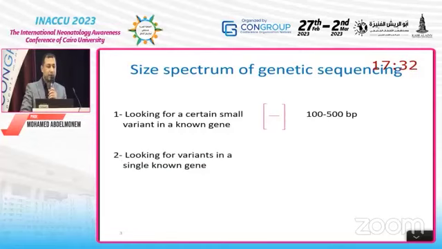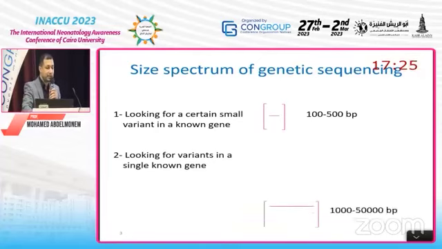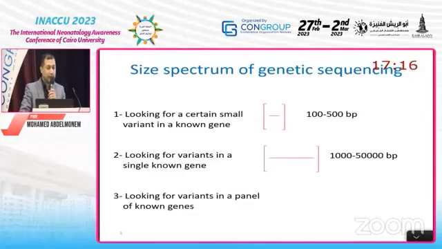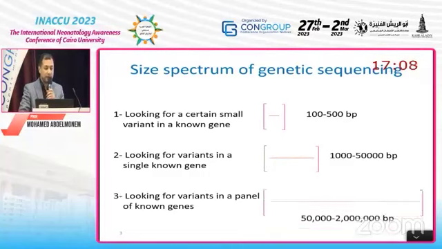We can also look for variants in a single known gene. If the phenotype is clear enough, I can sequence a specific gene, and this is usually between 1,000 and 50,000 base pairs of sequencing. We can look for variants in a panel of known genes if the genes responsible for this phenotype are various, and this is usually between 50,000 and 2 million base pairs.